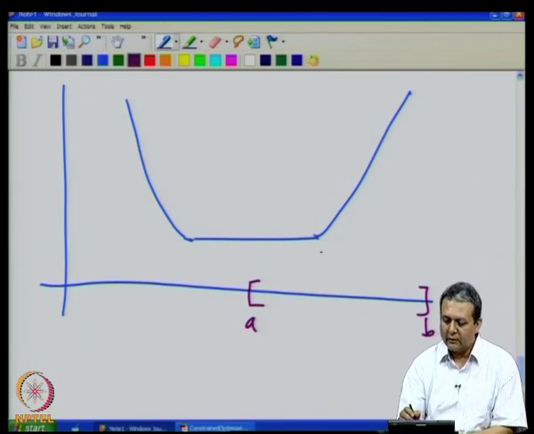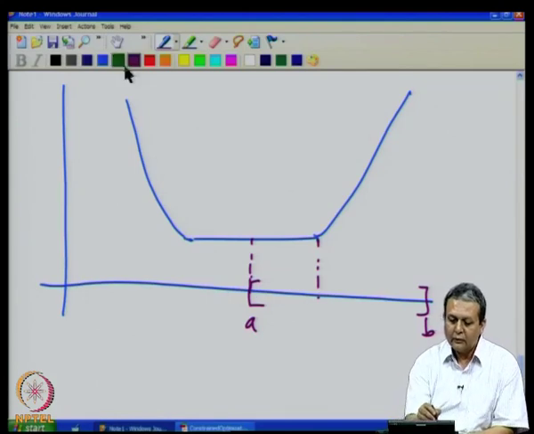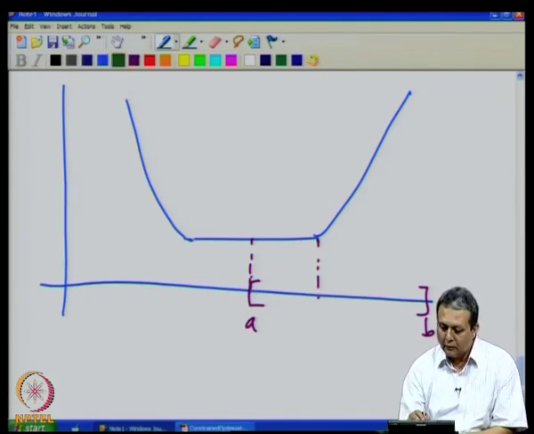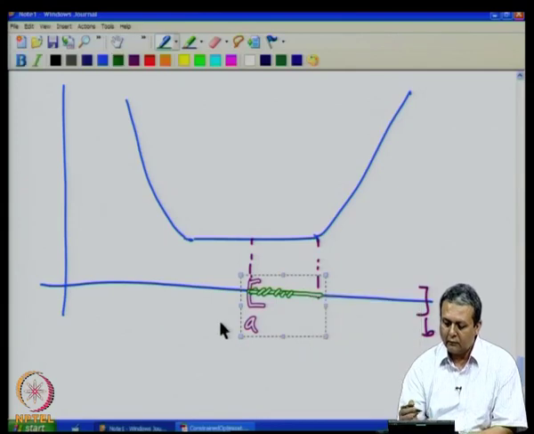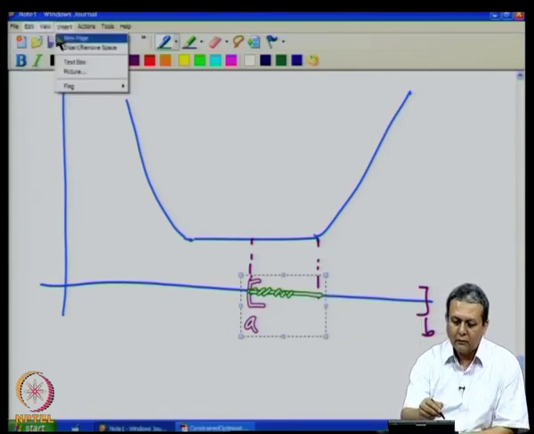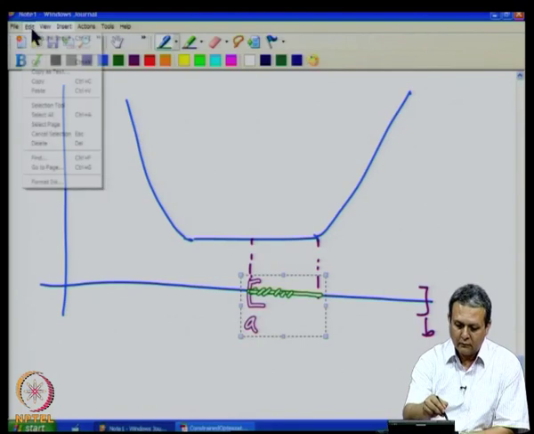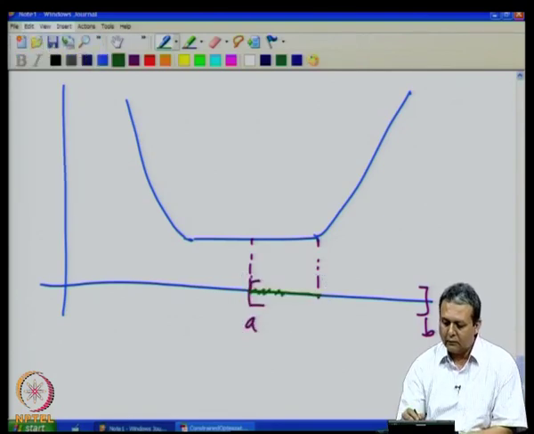Now, you will see that this entire set of points, they are global minima.